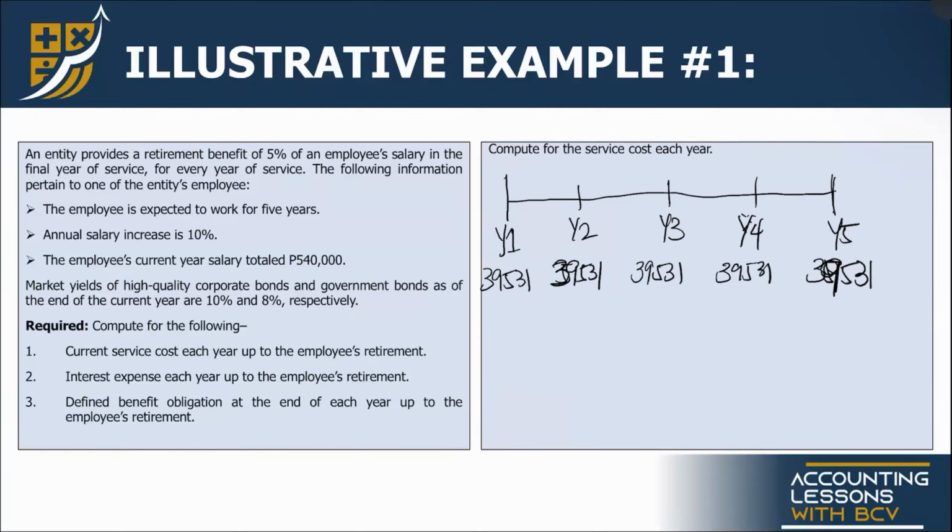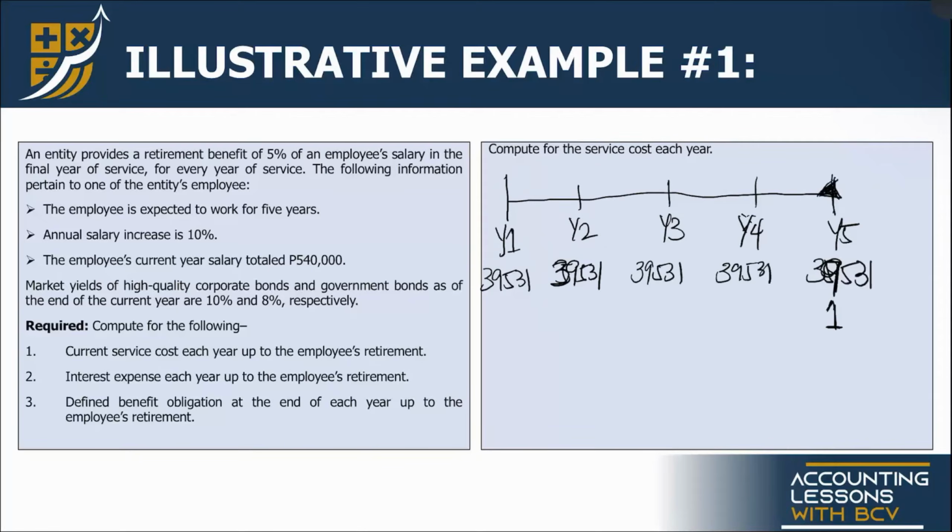Now, kailan nga ulit babayaran lahat ng benefit? Dito. Lagyan natin ito. Dito tayo magbabayad ng lahat ng benefits. Tama? So, sa year 5, nandito yung point 1 natin. Okay? Nandito yung point 1. Now, di ba ang sabi natin kanina sa projected unit credit method, that is to build up the final obligation. So since babayaran pa naman after 5 years itong mga amounts na to, we need to compute for its present value.